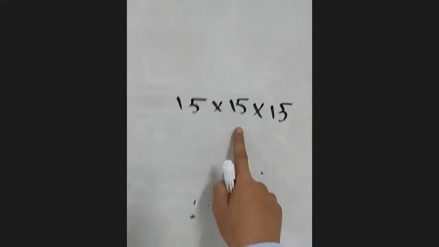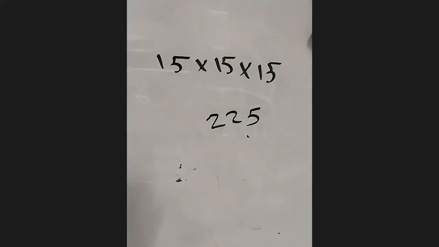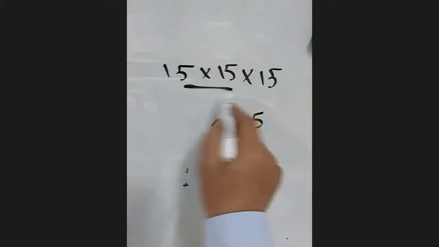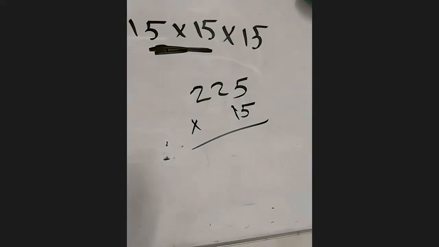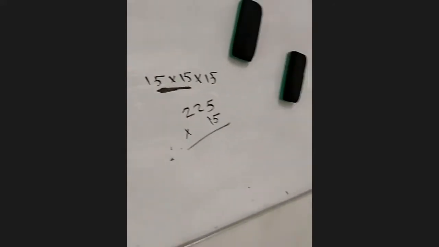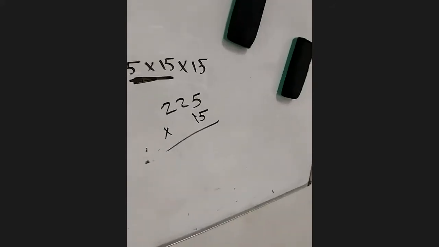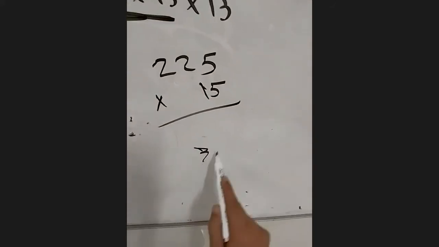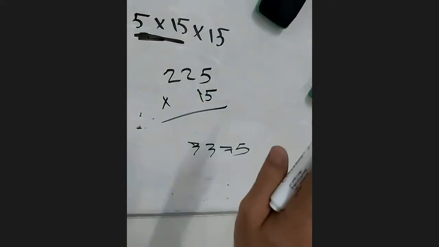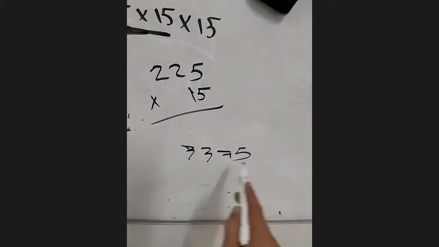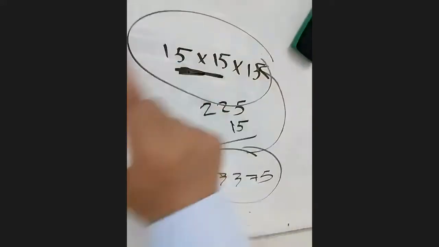15 by 15 is 225. Now 225 multiply 15. It will be 3375. You know how to multiply, right? 3375 is the answer of the multiplication without decimals.